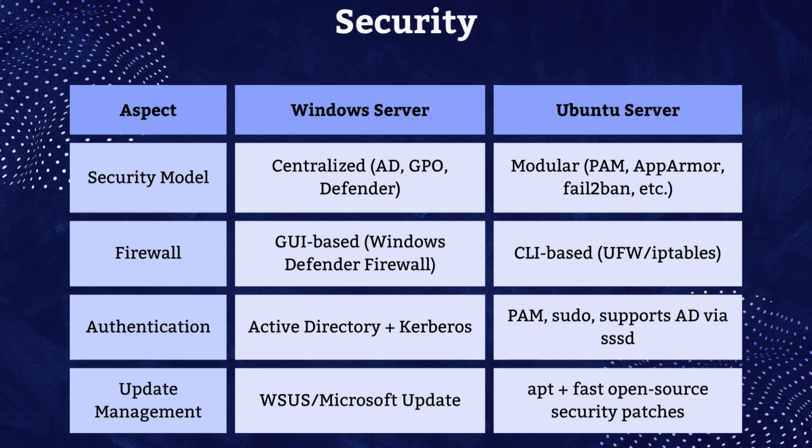Ubuntu uses PAM and sudo for local control, but also supports enterprise integration via SSSD for LDAP or Active Directory logins. Finally, for update management, Windows uses WSUS or manual updates through Microsoft Update. Ubuntu uses apt, with faster access to security patches from the open source community, which gives administrators more control and quicker response to vulnerabilities.